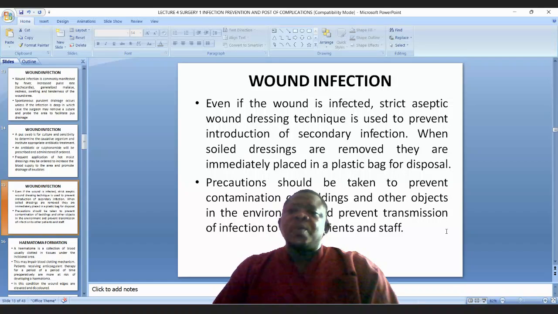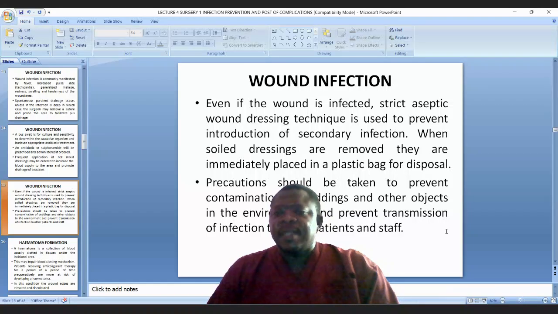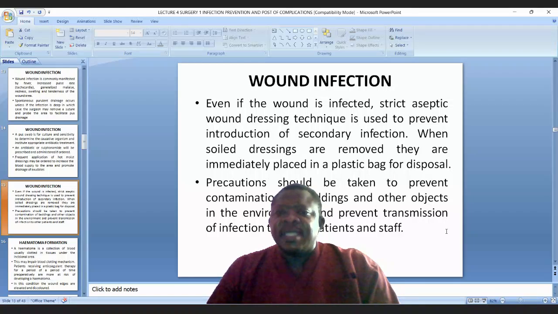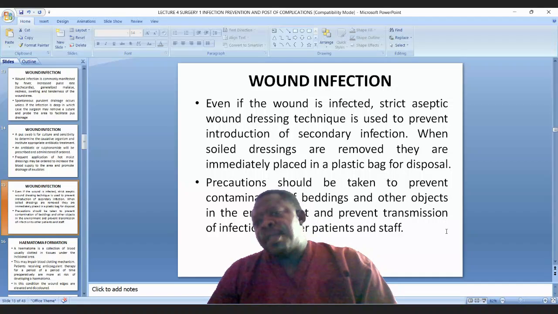Even if the wound is infected, a strict aseptic wound dressing technique will be used to prevent introduction of secondary infection. When soiled, dressings are removed and immediately placed in a plastic bag for disposal.